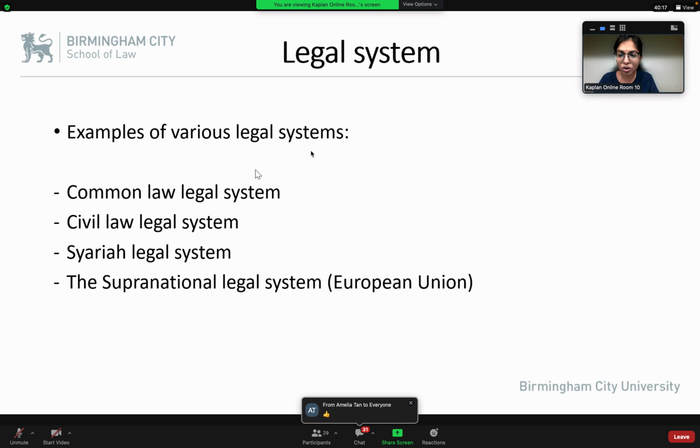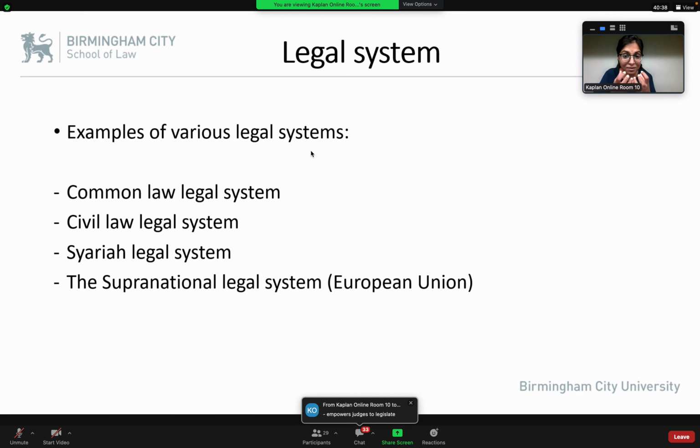Okay. So when it comes to common law system, it empowers judges to legislate. So technically, there is very minimal separation of powers between parliament and judiciary.